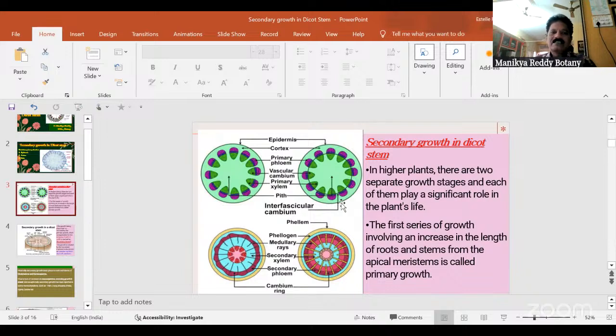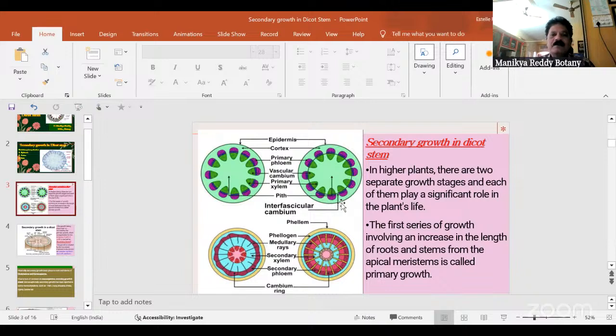But in extrastellar secondary growth, the entire cork cambium is a secondary meristem. It develops from the cortical cells which are exposed. That becomes cork cambium or phellogen. The phellogen produces new cells inside and new cells outside.